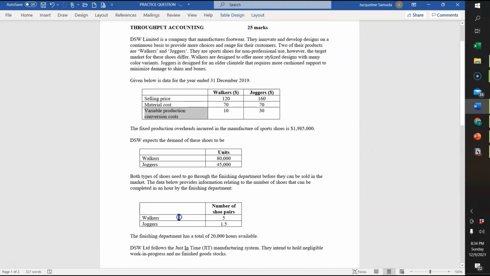Now this ratio, once it is calculated, is presented as a number. And if you look on the slide, you're reminded that when this TPAR is calculated, if the value for that particular product that the calculation is made for is less than 1, then that product has to be ignored and the focus not placed on it.